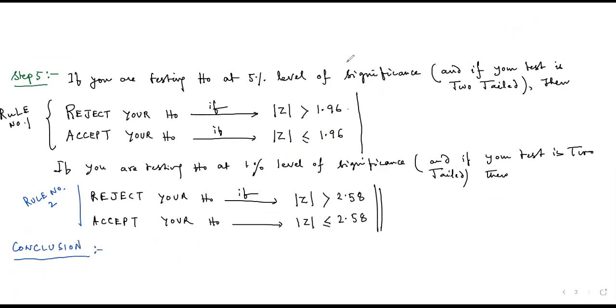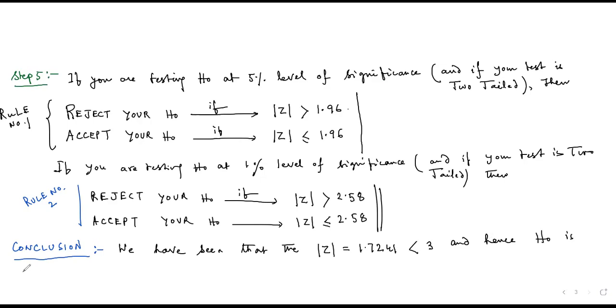I will say we have seen that the absolute value of the test statistic is less than 3, and hence H naught is retained to be tested at a specified level of significance.